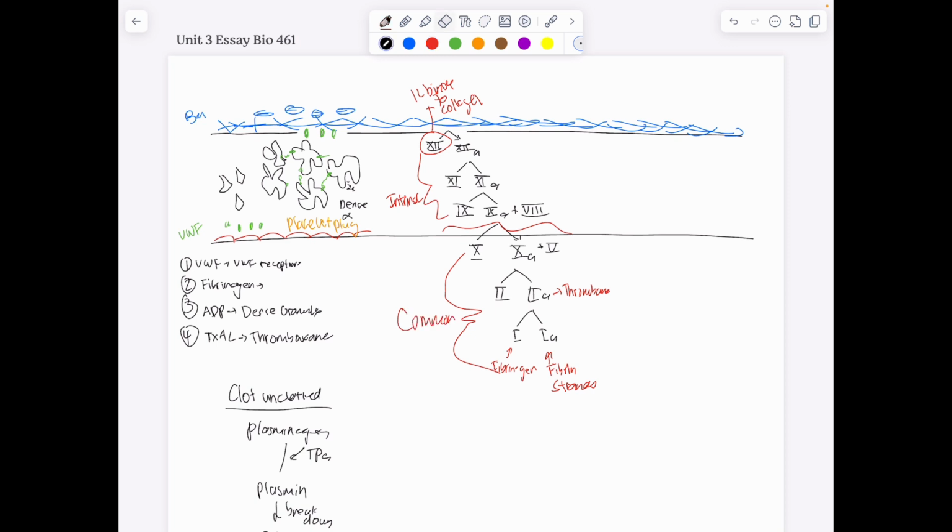Let's say we have another pathway, but instead of binding up here, we have smooth muscle and collagen as well, which has TF surrounding it, a tissue factor, or factor 3.